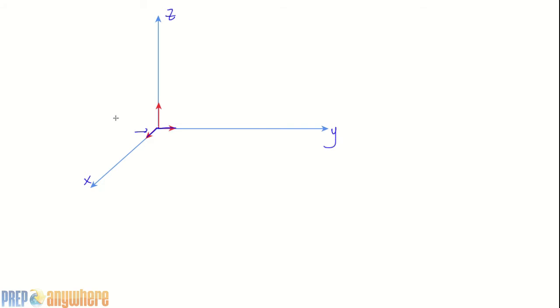So that right there is I, and we mean 1, 0, 0. Right there, j, we mean 0, 1, 0. Right there, k, and we mean that to be 0, 0, 1. So with that, we can represent any 3-dimensional vectors.